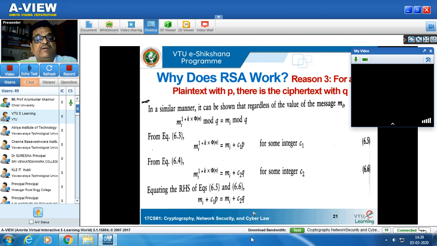When we do that, we get the value which is equal to m_i mod q. We simplify it the way we had done earlier.